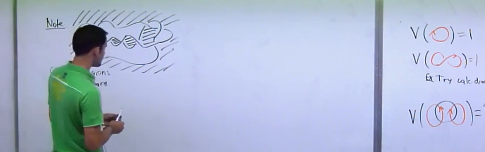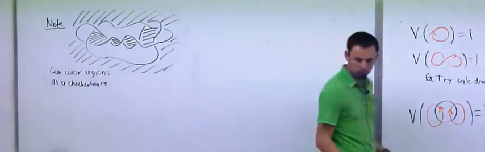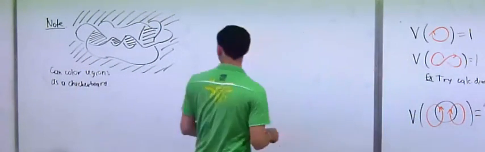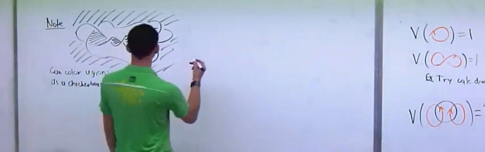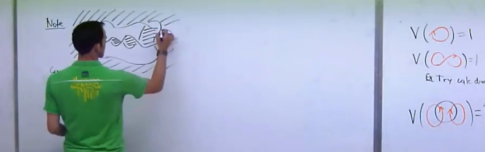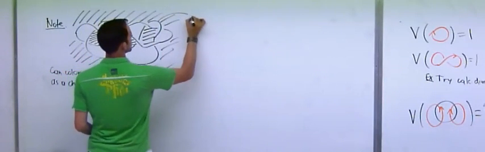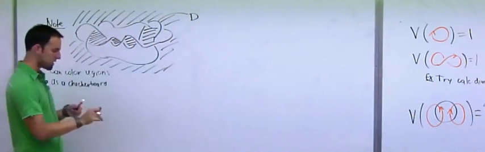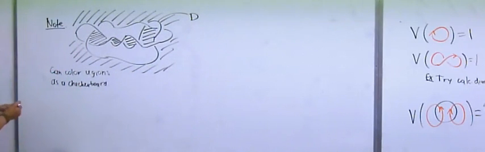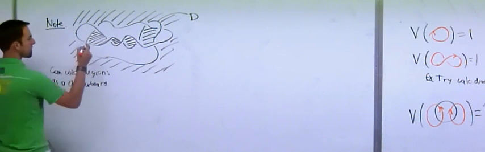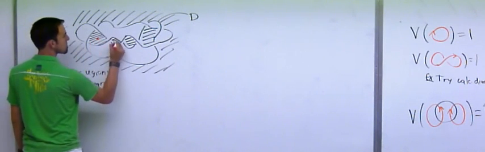Okay. And so maybe the link diagram I started with, I would call it D, and I'm going to make a graph. What I'm going to do is I'm going to put a vertex in each black face.